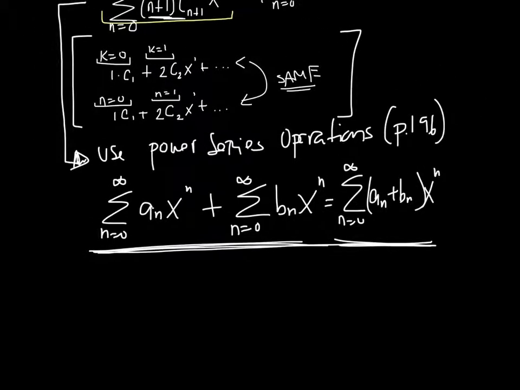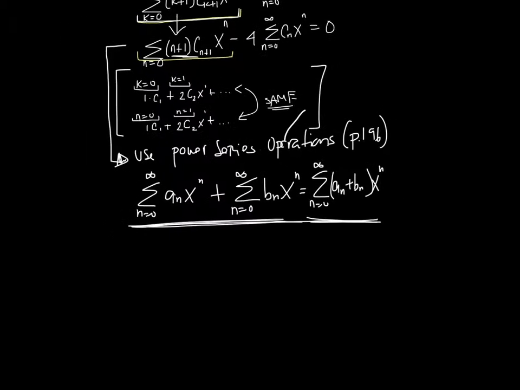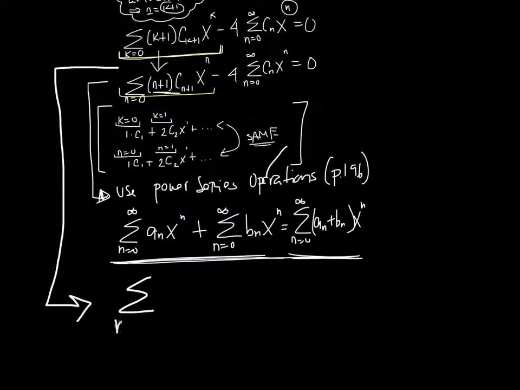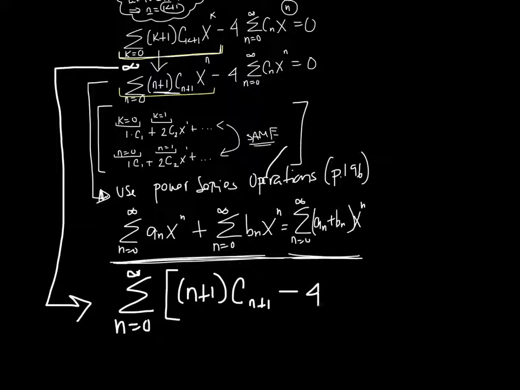Using these operations, and I wrote a lot of side notes here, I'm going to write the summation from 0 to infinity, forgot my infinity there. I'm going to factor out x to the n, that's what we're really doing. We have n plus 1, c n plus 1, minus 4 c n, times x to the n, equals 0.